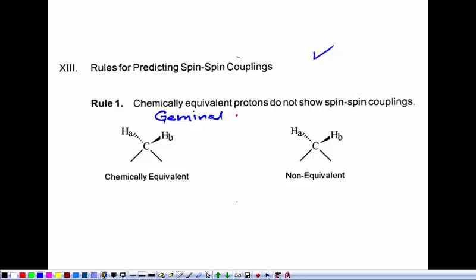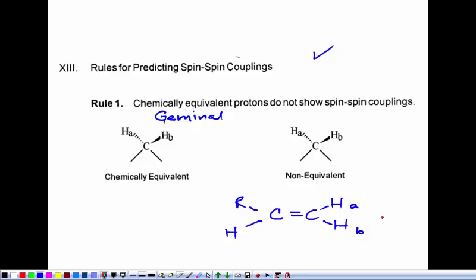If you have 2 hydrogens attached to the same carbon, that's called a geminal system. For the most part, these 2 hydrogens are chemically equivalent, but there are some circumstances where 2 hydrogens on the same carbon would not be chemically equivalent, and therefore they would split each other. Most of the time, splitting comes from neighbors, but there are a couple of occasions.